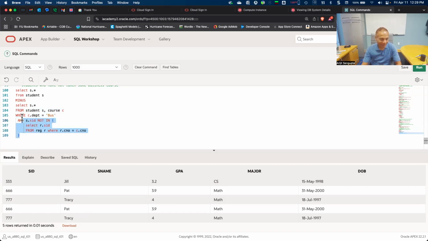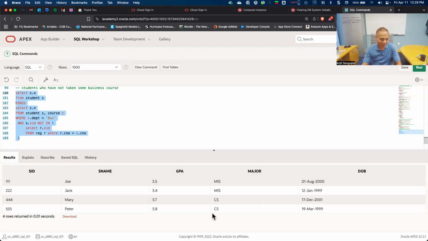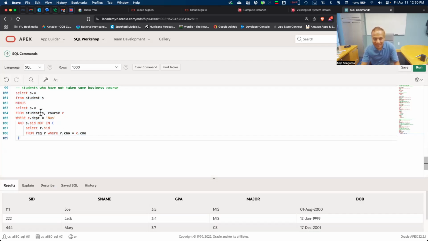So now if I do the minus, I get those four, Joe, Jack, Mary, and Peter, who have taken all the business courses, right? So as you can tell, this is a double non-monotonic logic. With not exists, we would have done it like this. Pretty similar.